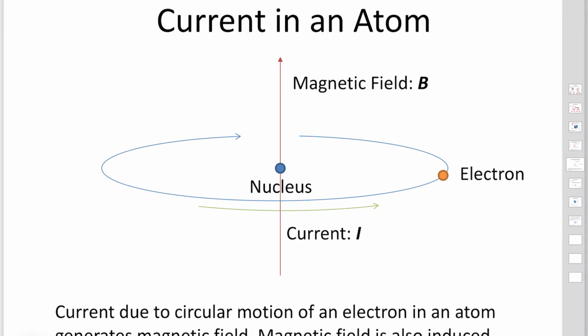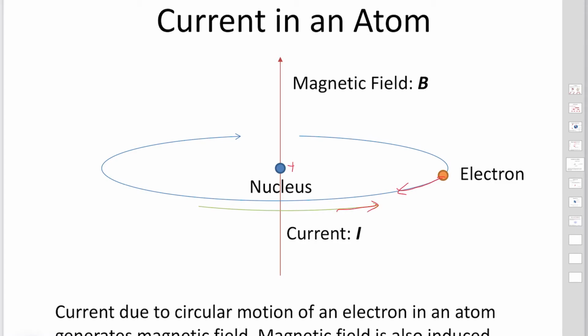Actually, if you consider the atoms, in the atoms, the nucleus is located at the center. The nucleus has a positive charge. The negative charge of the electron is rotating around the nucleus. So this is the direction of the motion of the electrons. Then we could consider the current. The direction of the current is opposite to the direction of the electrons.